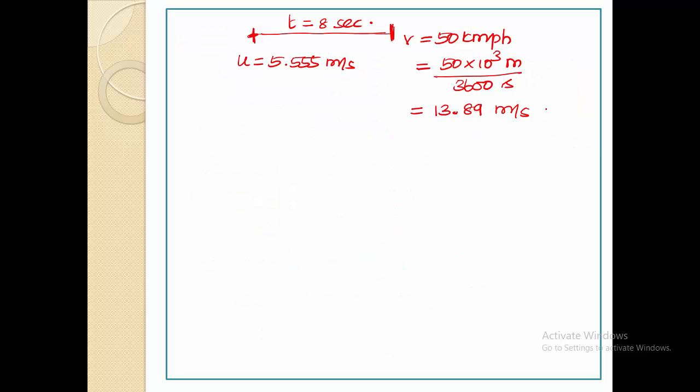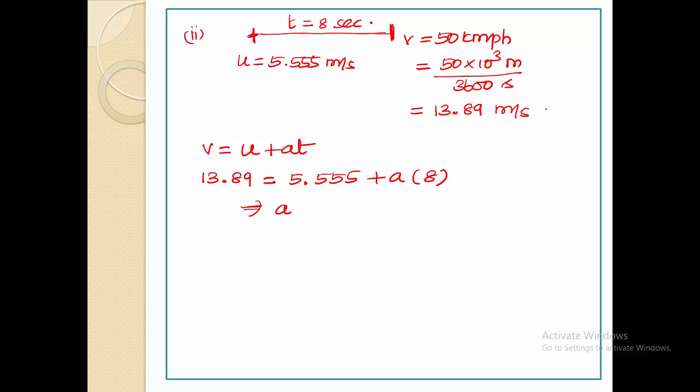For the second condition, v is 13.89, u is 5.555, plus a into the time period of 8 seconds. By resolving this equation, we get the acceleration a as 1.0418 meter per second square.